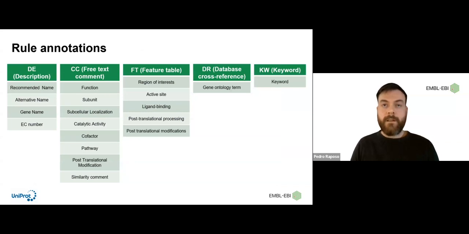These are the types of annotation we can add to the rule, and these range from function comments, function pathway, gene ontology terms, enzyme numbers, etc. We have many, and all of these enable you to have a clear picture of the function of the protein, but also to provide some context around it.